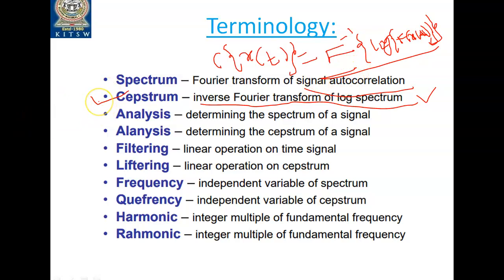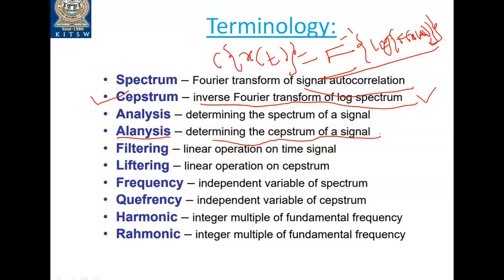When it comes to analysis, that is determining the spectrum of a signal, this is in the normal conventional domain, which we already know. Determining the spectrum of a signal we call analysis, but in the cepstral domain we call it cepstrum analysis, which is determining the cepstrum of a signal.